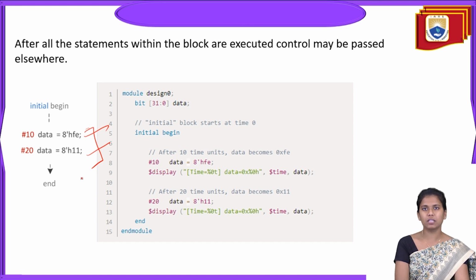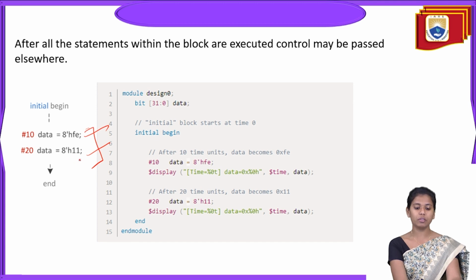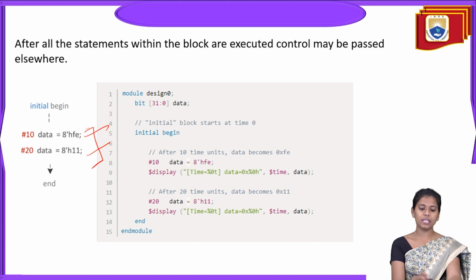So, in this particular example, we see initial begin, with the data 8'hFE, which is 8 bits of hexadecimal. And here also I'm considering 8 bits of hexadecimal data. But when you observe the timing control, or the delay, between input 1 and input 2 we see a total of 30 nanoseconds of delay.